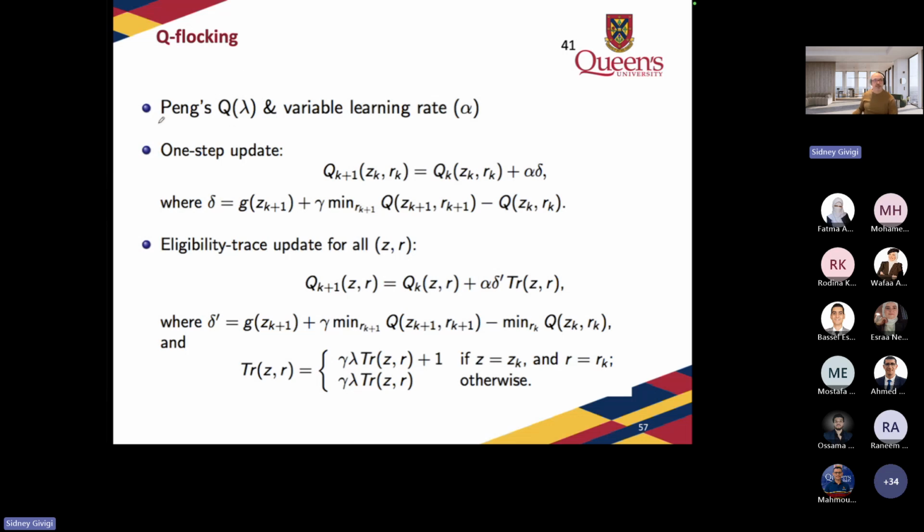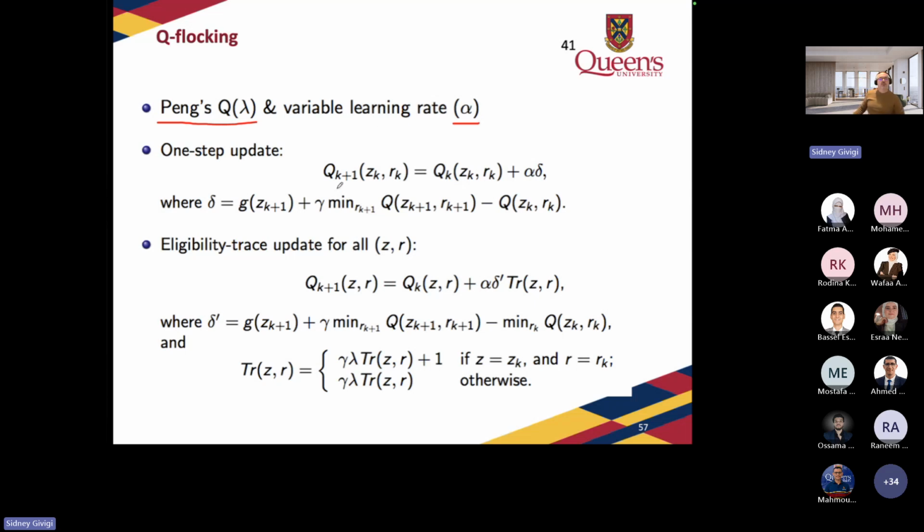This is a different version of Q lambda that is called Banks Q lambda. And we can also have a variable learning rate. These are two ideas that were put together in this paper to solve a problem that most people cannot solve, because if you just follow what people have done in the past, it is not going to work, okay?